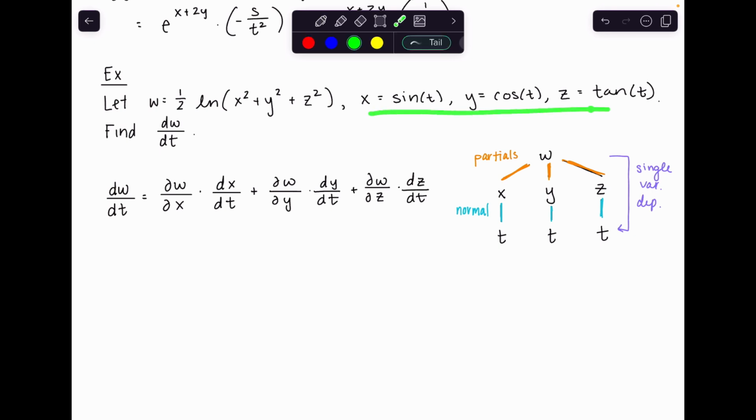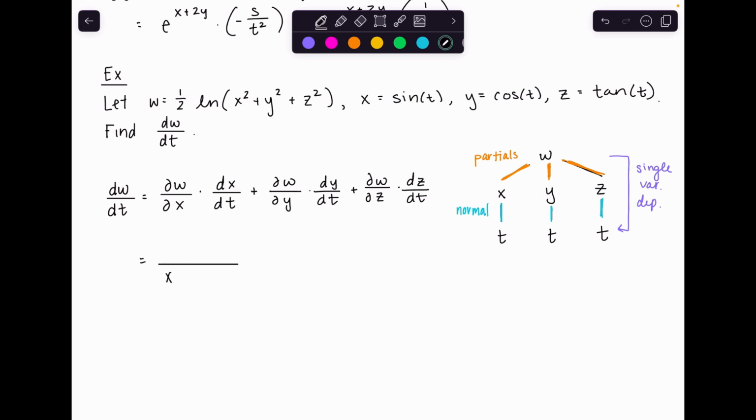I think these three you're confident in just taking a derivative of. Hopefully you remember your natural log. The derivative is 1 over the inside function. And then chain rule, you'll just have to take the derivative of whatever variable. So the first one, derivative with respect to x, is we get 1 over the inside.